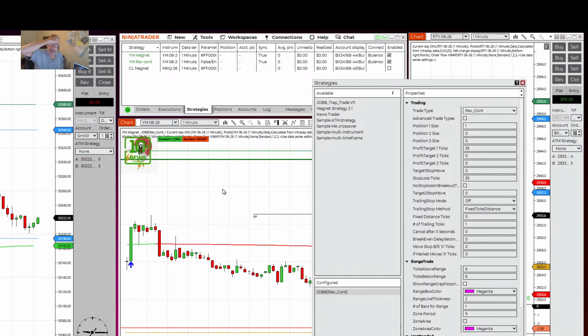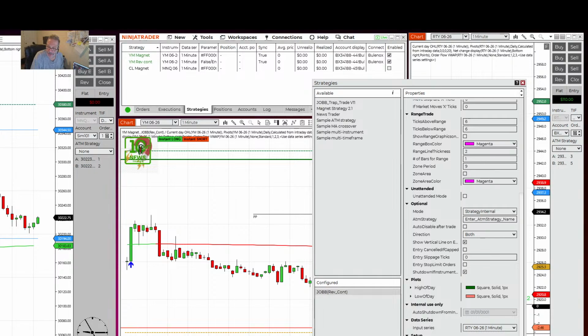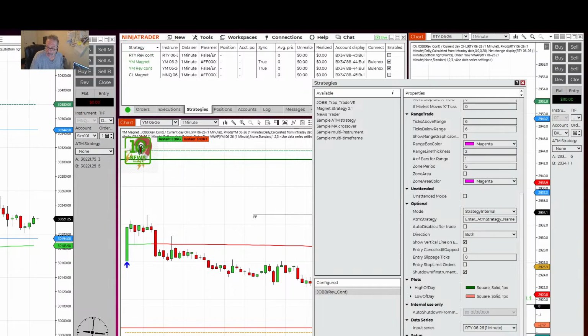So we'll do it in 45 this morning. RTY will be in 45 along with the MNQ because there's enough contracts to trade both. So our reverse continue, we'll put it in 45. It's labeled RTY reverse continue. Apply it and OK it.